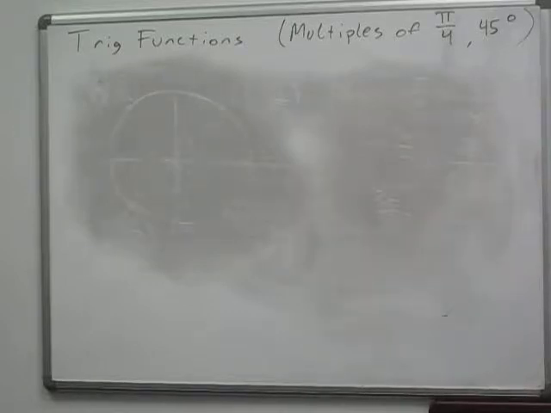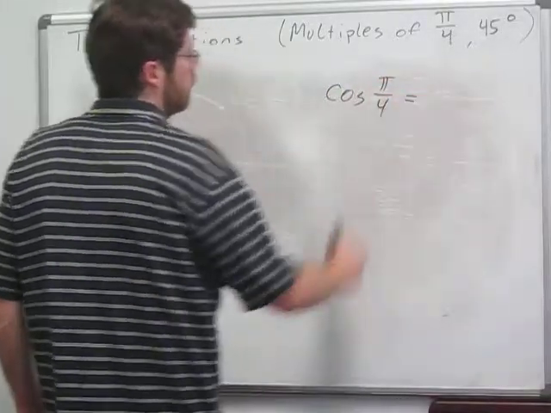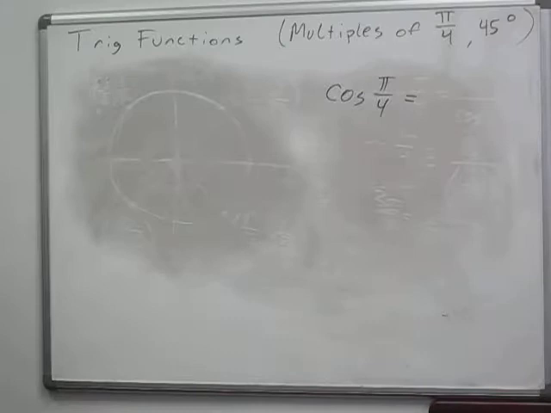Having developed points on the unit circle related to multiples of pi over 4, let's go ahead and work through some evaluations. Let's start with the cosine of pi over 4.